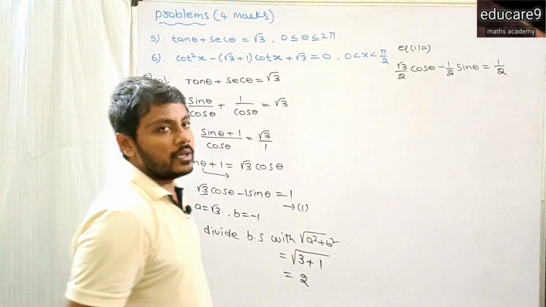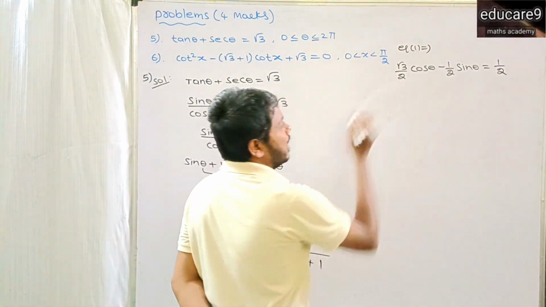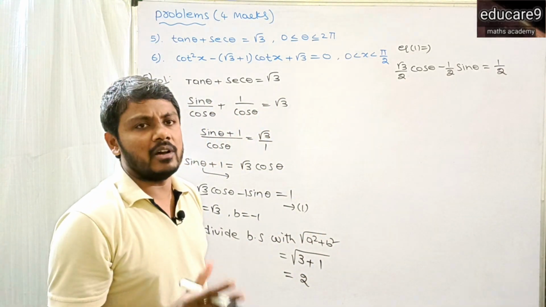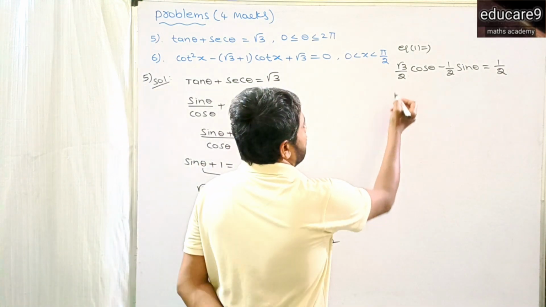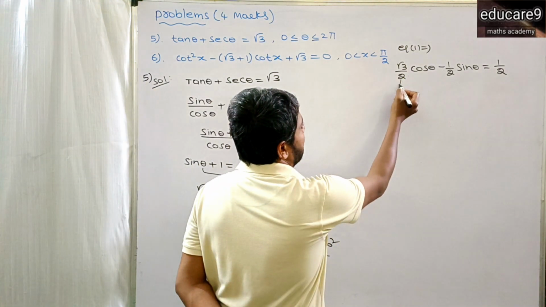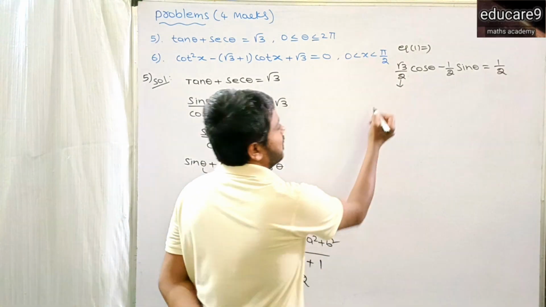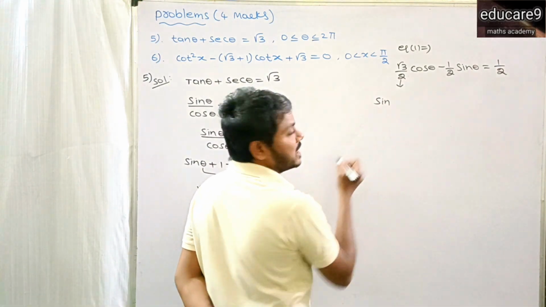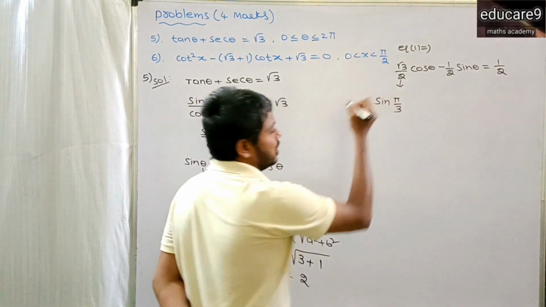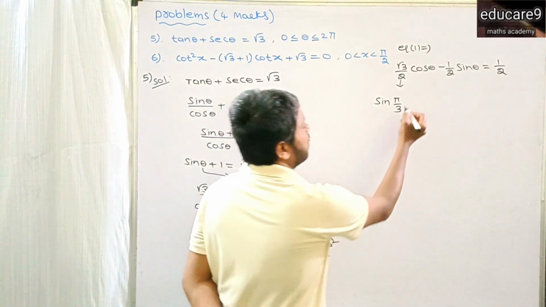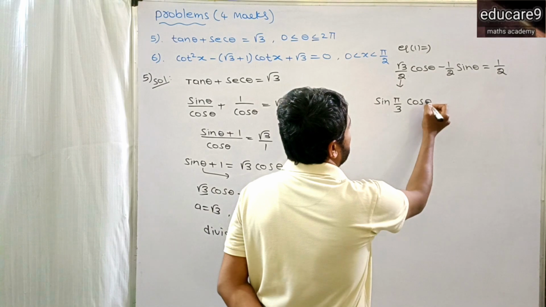Now clearly we can write root 3 by 2 in terms of sin or in terms of cos. Any one we can write. So root 3 by 2 written in terms of sin is sin 60 degrees, that means sin pi by 3, into cos theta.